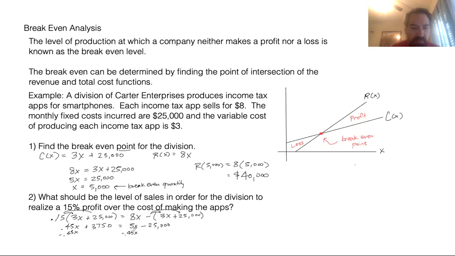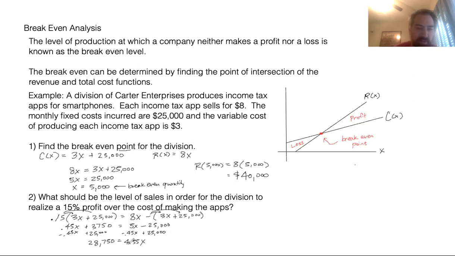And so if I move the x term on the right-hand side, I'm going to move the constant term to the left-hand side by adding 25,000 to both sides. This leaves me with 25,000 plus 3,750, which is 28,750, and that's equal to 5x minus 0.45x, which is 4.55x.